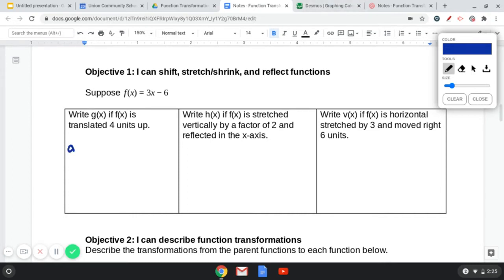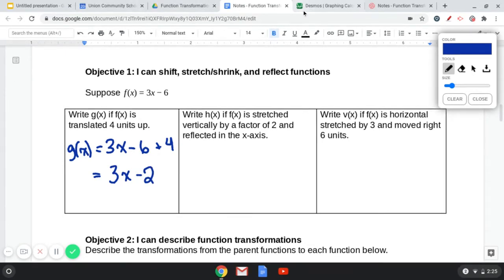So let's see, so g of x, we need to go up 4, which means we're going to take f of x and add 4. So this means that g of x equals 3x, negative 6 plus 4 is a minus 2.